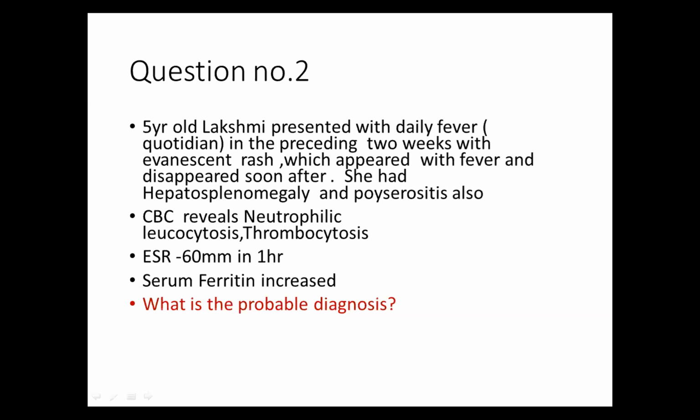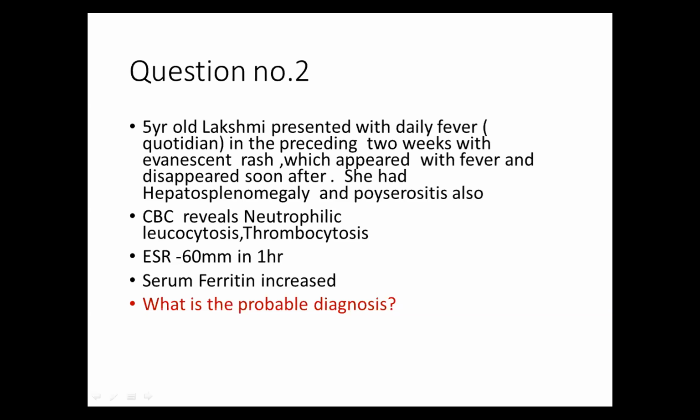This is a case of systemic onset juvenile idiopathic arthritis. There are no findings of arthritis, but never think that way, because monoarticular and polyarticular arthritis present as joint pain, whereas systemic onset JIA presents only as fever with rash, hepatosplenomegaly and polyserositis.